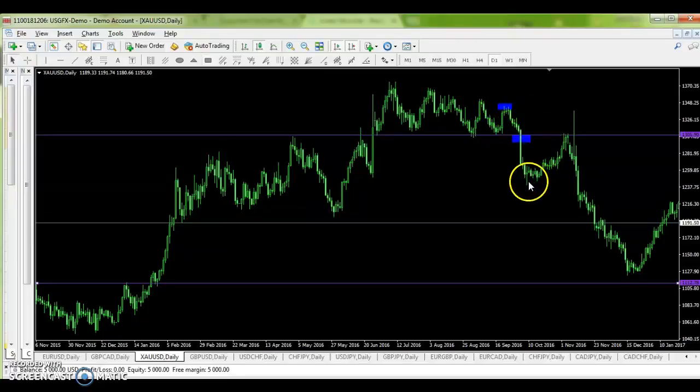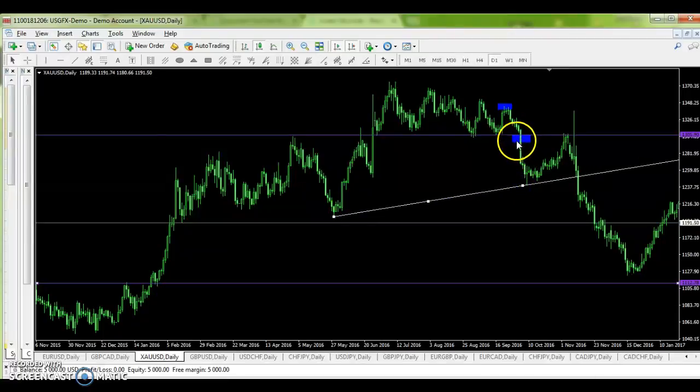So my perception after this particular low would be a lower high, but that high should not reach above this particular high. In this scenario, I put my trend line and connect at least two swings. This is the major swing low, and this is again a swing low, right?